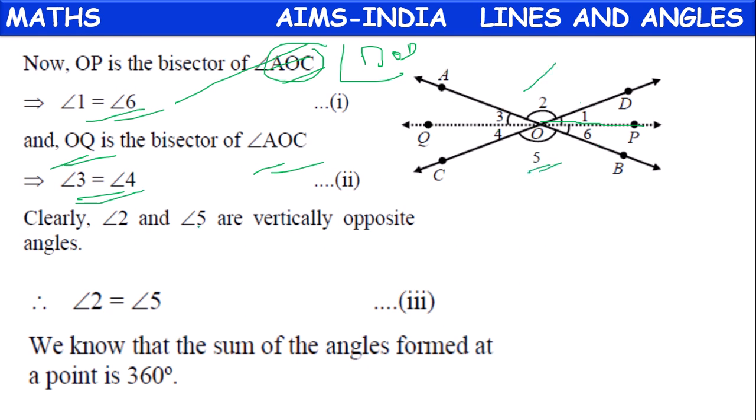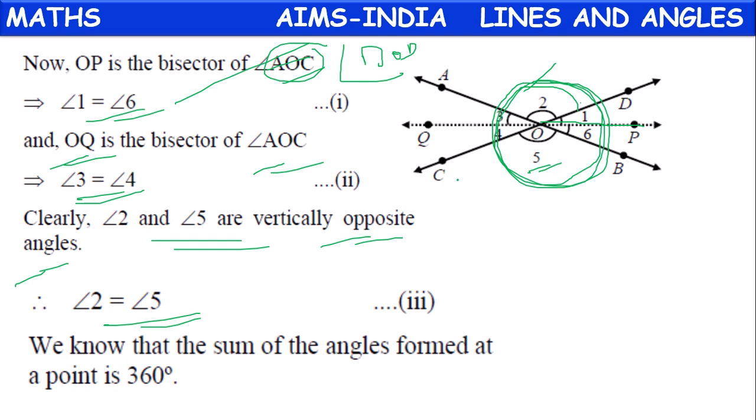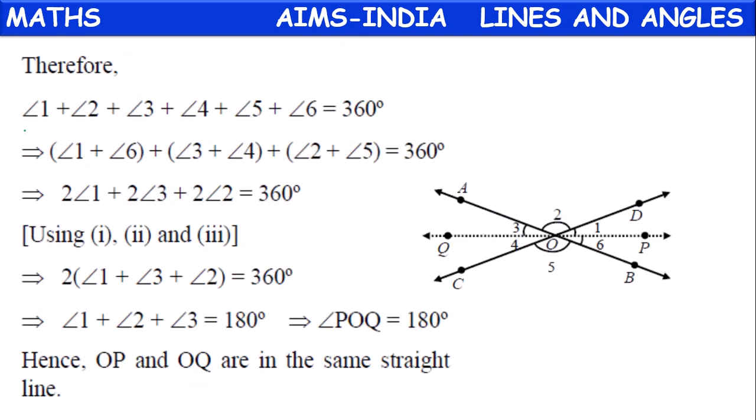Angle 2 and angle 5 are vertically opposite angles. So angle 2 equals angle 5. Sum of all the angles at point O is 360 degrees. So 1 plus 2 plus 3 plus 4 plus 5 plus 6, total sum of all angles is 360.